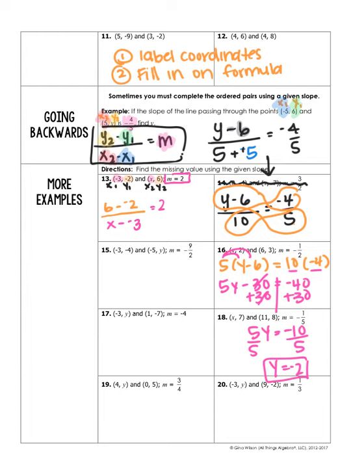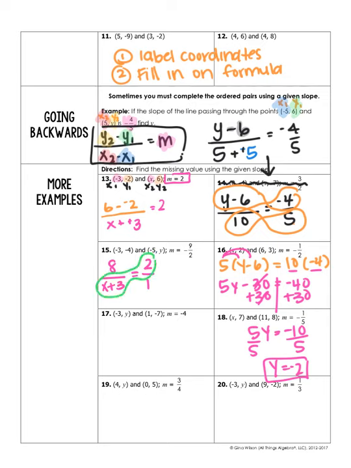So if we clean this up a little bit, 6 minus negative 2 is 8 over x minus negative 3. That's like x plus 3, because minus a negative is a plus, and it equals 2. And so that I have a proportion, I'm going to put 2 over 1, because it's easier to cross multiply if we have two fractions there. So if it's just a whole number, put it over 1. Then now we can do our little butterfly method.